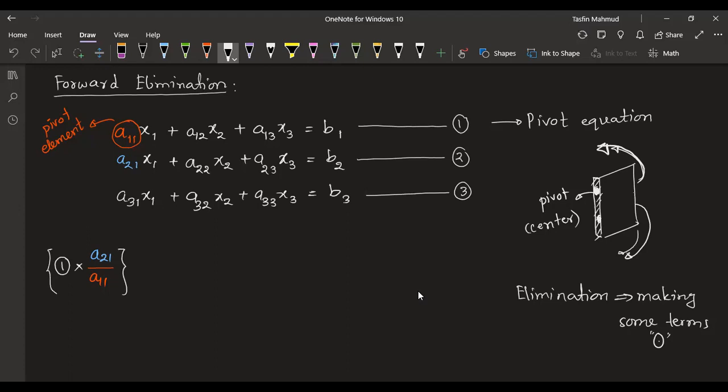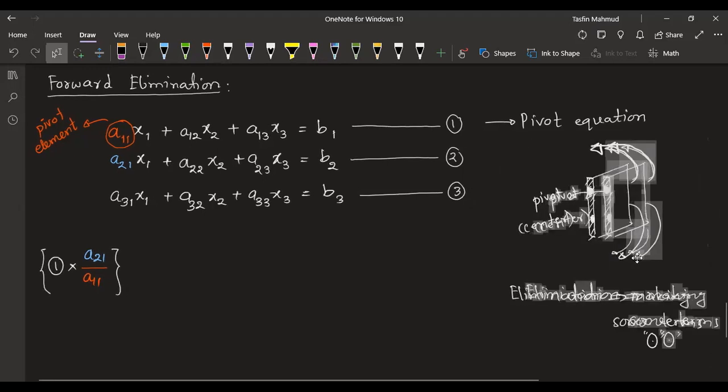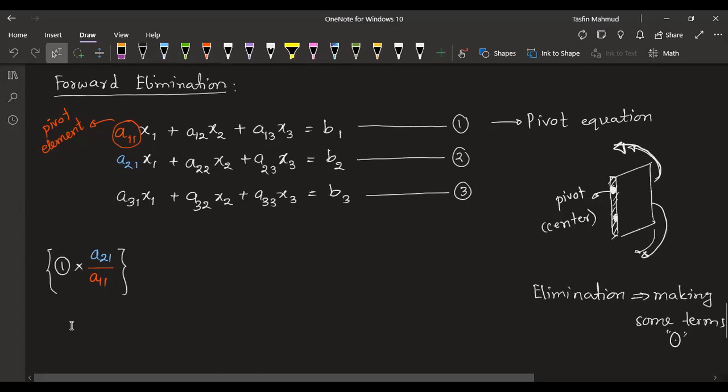So if we do this thing, what do we get? Let me write this. If we do this calculation, equation number 1 will change. We will get something like this. We have a11, multiplied with this thing, x1.